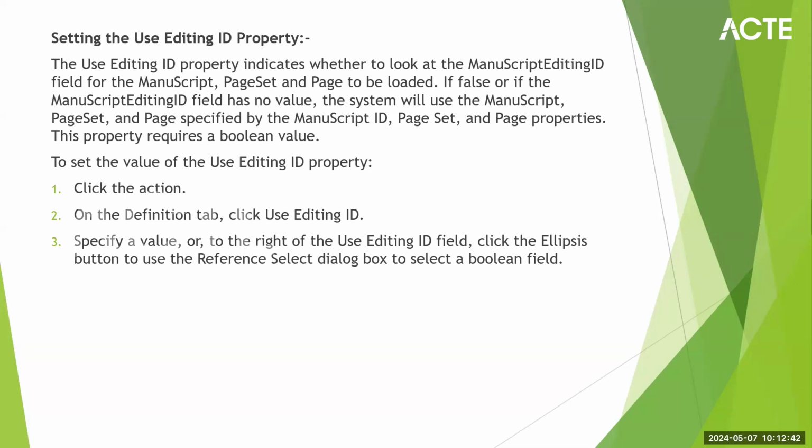For example, on click of that particular button, you have developed that code in that respective button in some manuscript with some page and page set details and manuscript ID. When you want to view that particular manuscript or page set page details, if the value of the action is true and the details are mapping, then the respective manuscript ID field will be displayed.